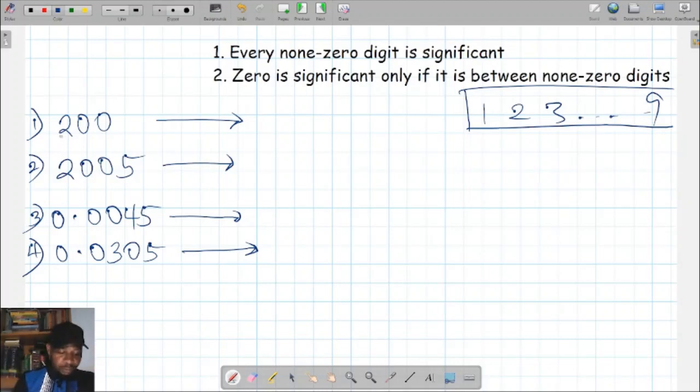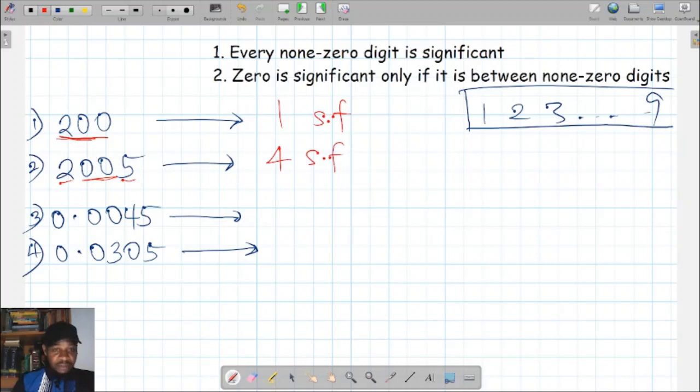For example, in this case of 200 as a number, we have 2, 0, and 0. The only significant digit there is 2, so this one has one significant figure. Here we have 2005. These zeros are significant because they are in between two significant digits. So here we have 4 significant figures.